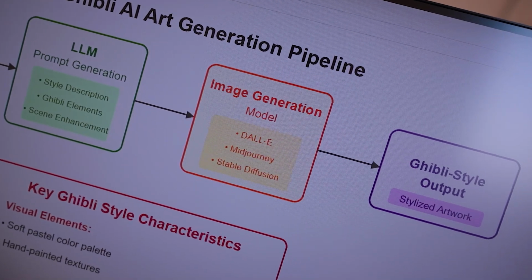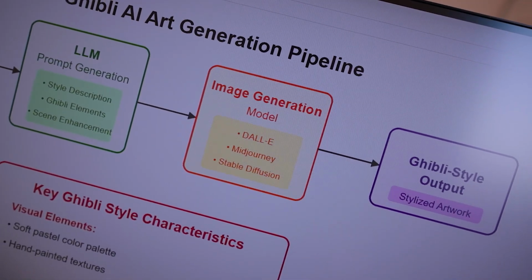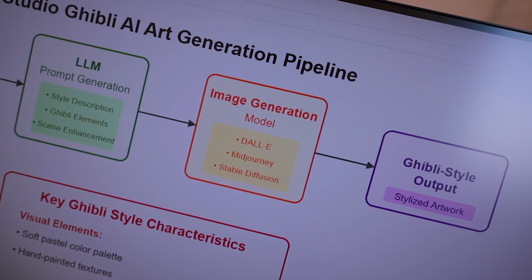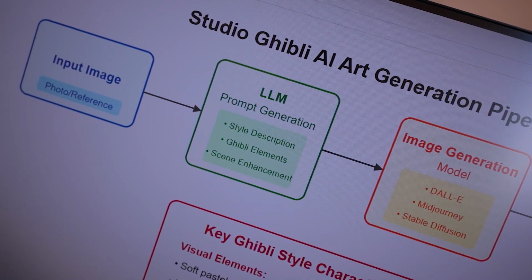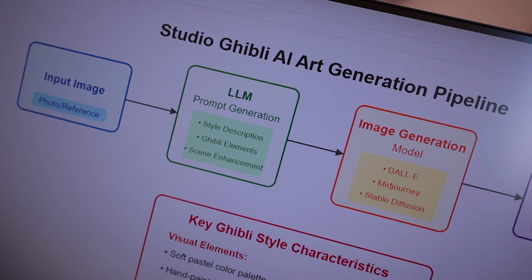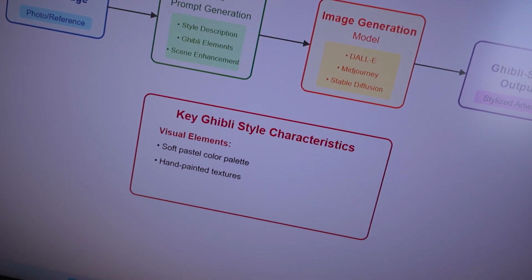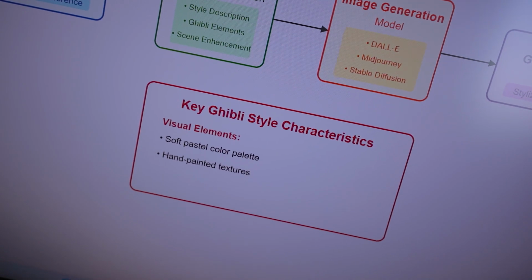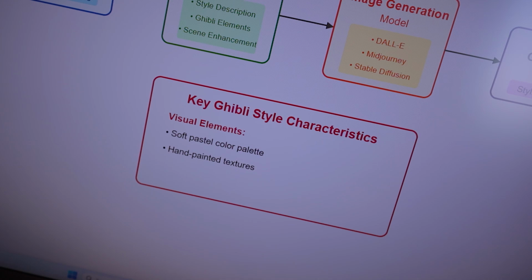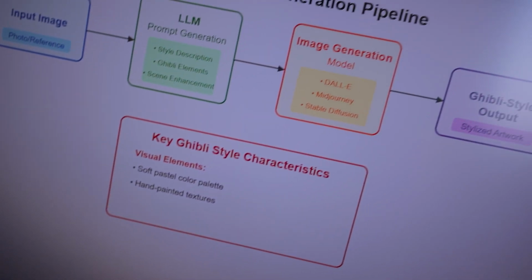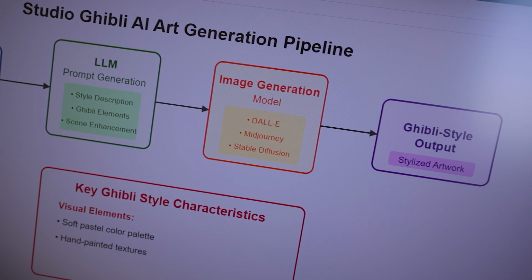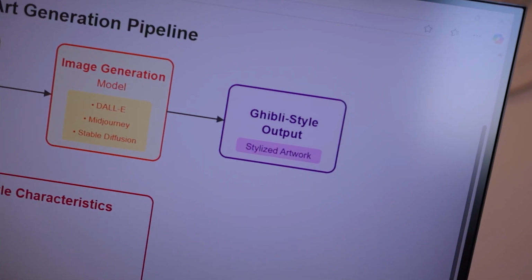It could be DALL-E, Midjourney, or Stable Diffusion, and this gets to work depending on the prompt that got generated by the LLM. And of course it follows Ghibli style, which is a soft pastel color palette and hand painted textures. These visual elements get applied by the image generation model, and then it converts the image to a Ghibli style output.